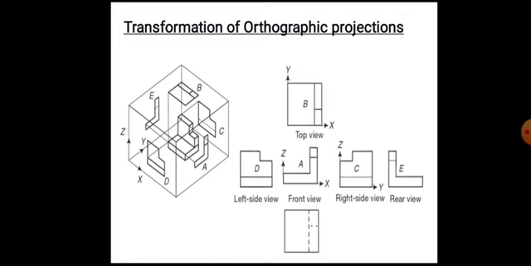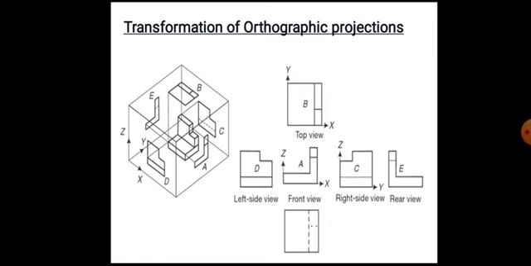A typical example is shown in the figure where the object is enclosed in a box such that there are 6 mutually perpendicular projecting planes on which all possible 6 views of the object can be projected. This would help in obtaining all the details of the object as shown in the figure. The visible lines are shown with continuous lines, while those that are not visible are shown by means of broken lines.